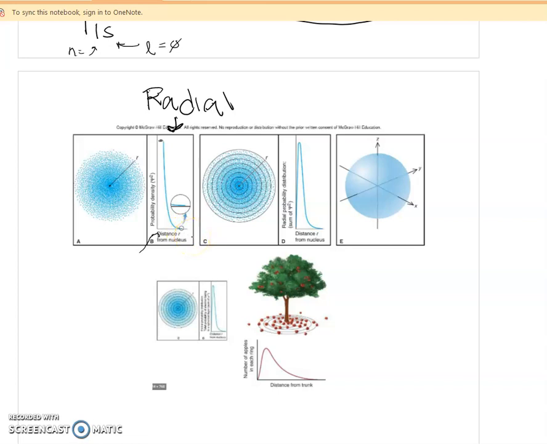So this should make sense. The electron wants to stay close to the nucleus. Plus likes minus. Okay, so we should see the electron close to that nucleus. So the probability of finding that electron gets smaller and smaller as we get further and further from the nucleus. Okay, so that is our radial plot.